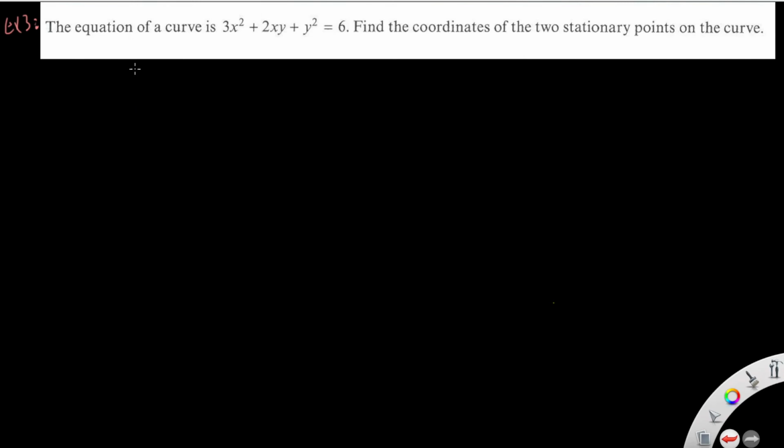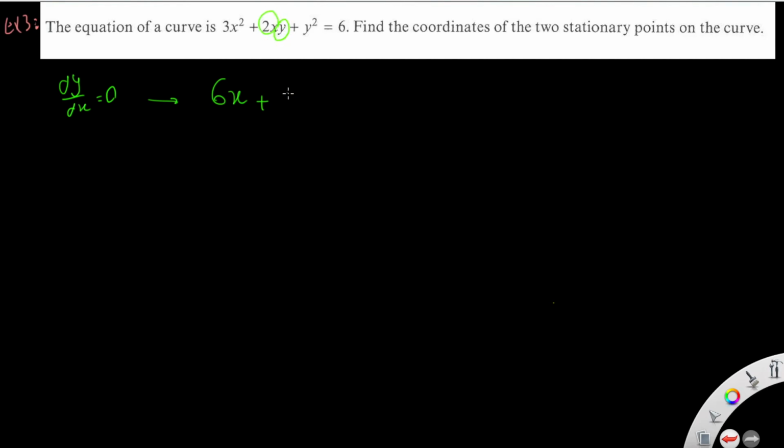Third example, the equation of a curve is 3x squared plus 2xy plus y squared is equal to 6. Find the coordinates of the two stationary points on the curve. So in order to find the stationary point, we need to find the points for which dy dx is equal to 0. So first differentiate. Differentiation of 3x squared is 6x plus here product rule.